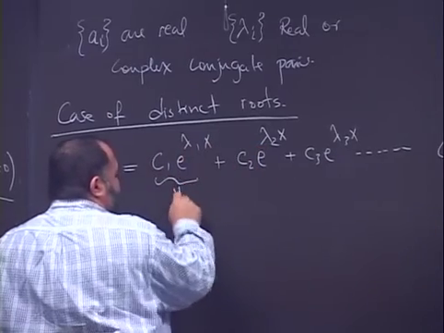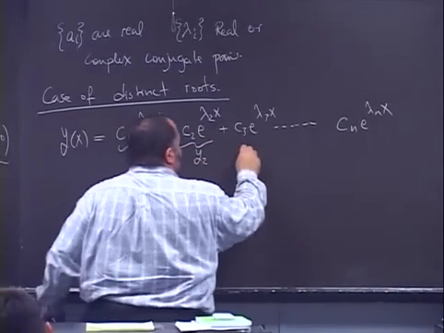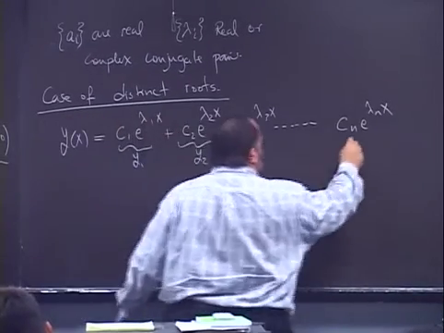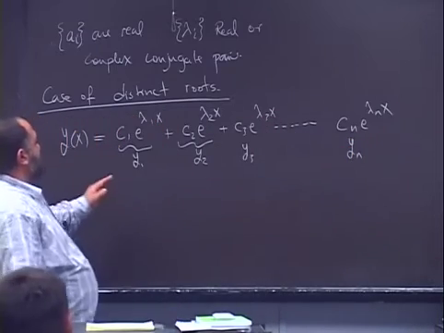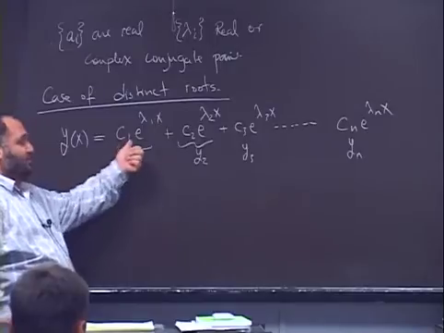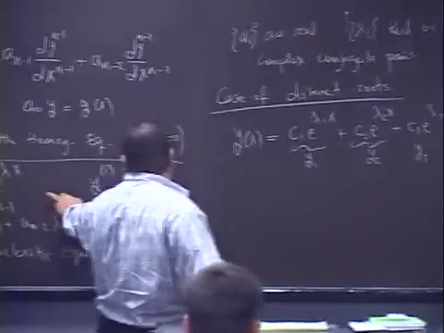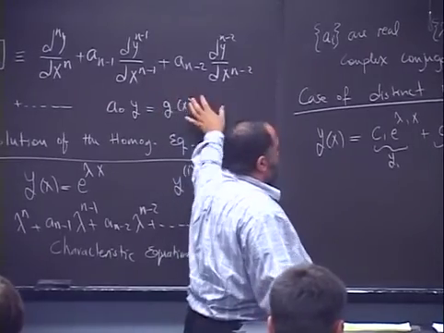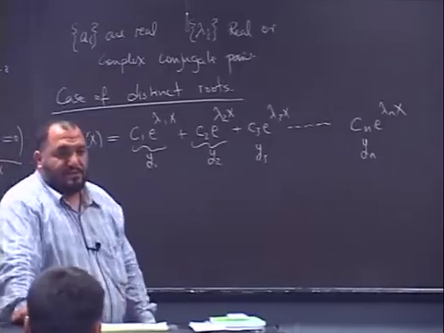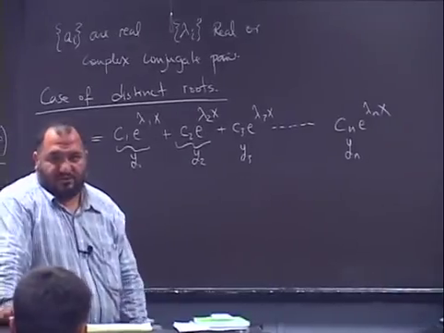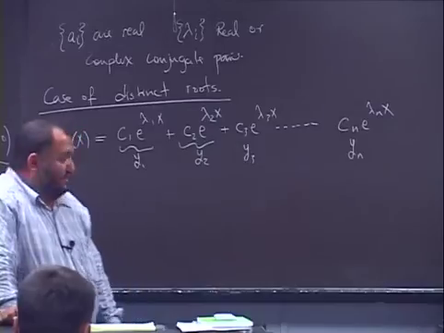So these will be y1, y2, y3 up to y_n. And for each one of those, if you substitute in the equation when g of x equals 0, you should get 0.